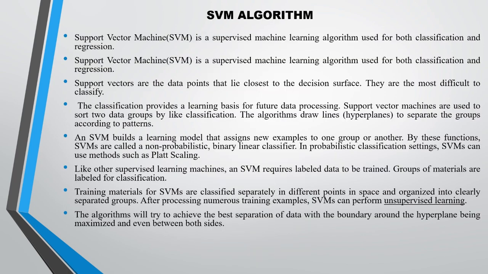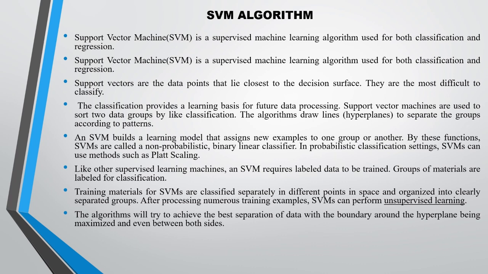And this is the SVM algorithm. The support vector machine is used for both classification and regression, and it builds a learning model with one group and another. SVM is called non-probabilistic.